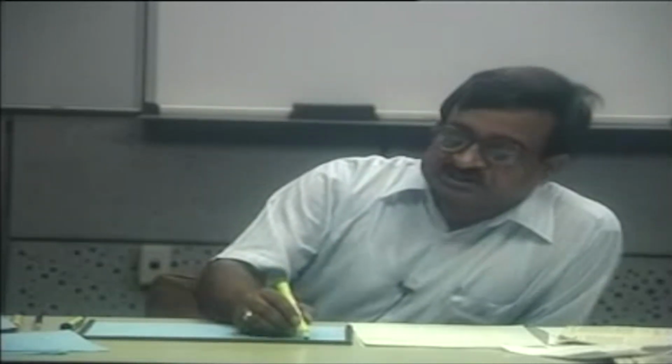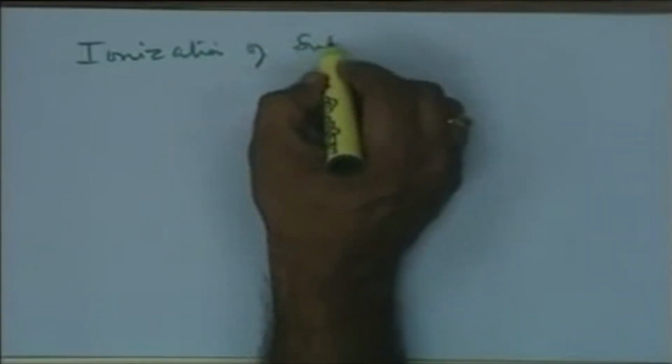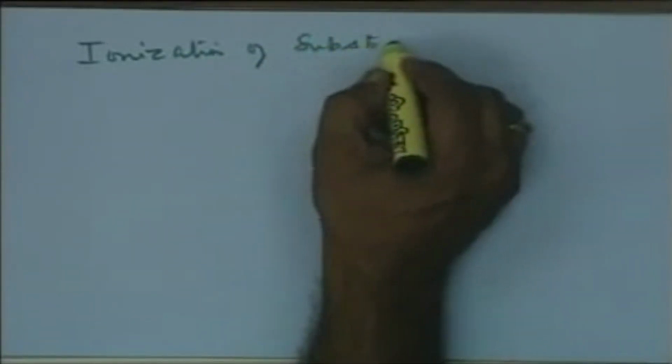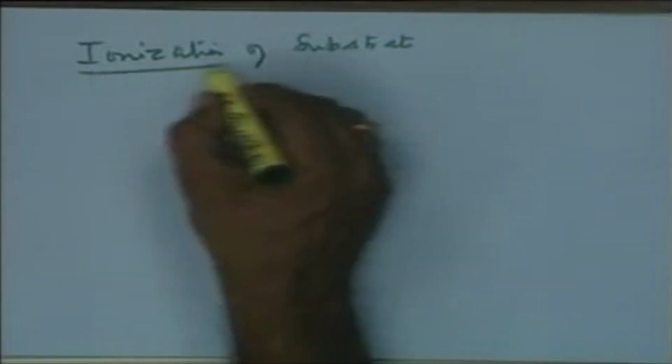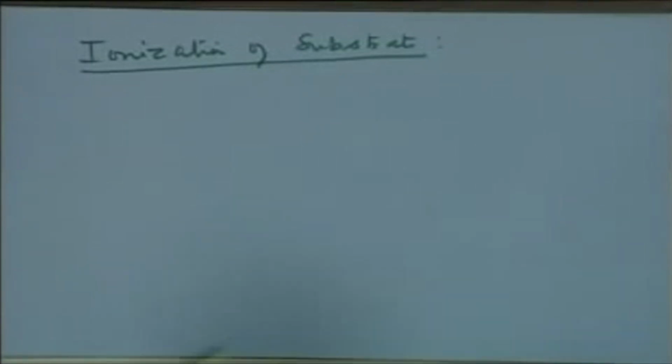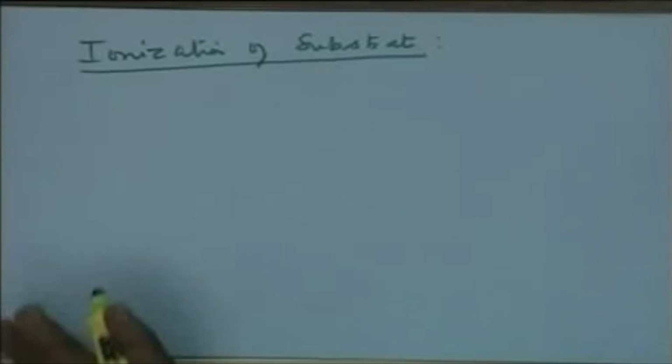The next stage, which is again very important, is to look at the ionization of substrates. It is not only important that the enzyme may ionize; it is also very commonly feasible when you are handling charged substrate molecules, and very often the protein itself is a substrate, a polyelectrolyte with many ionizable functional groups.